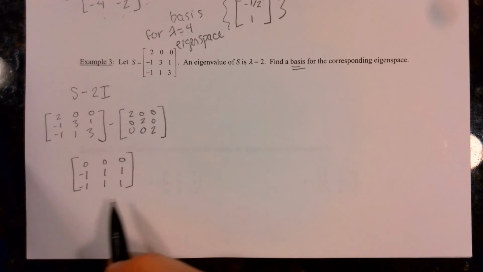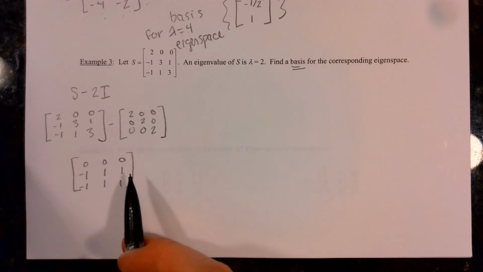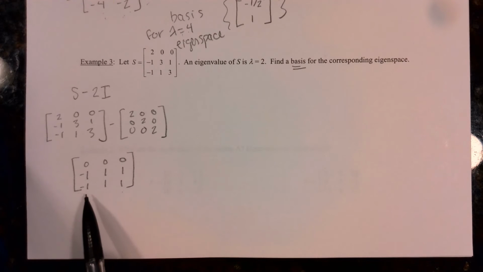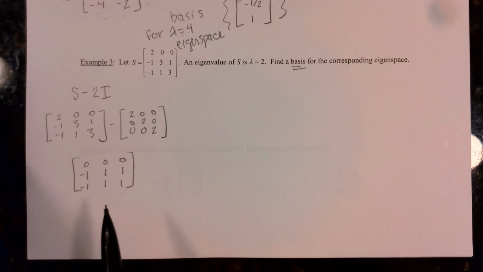Again, I'm checking myself here. Are all of the columns linearly dependent? Yes. I can see that column 2 and 3 are a scalar multiple of column 1, so I know that I'm going to get free variables, which is what I wanted.